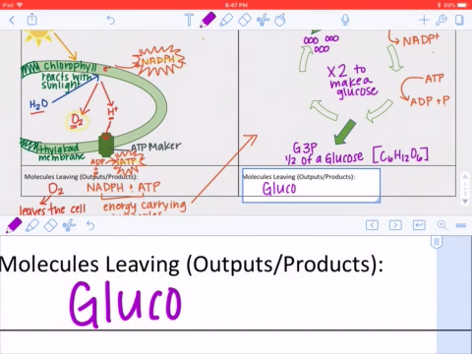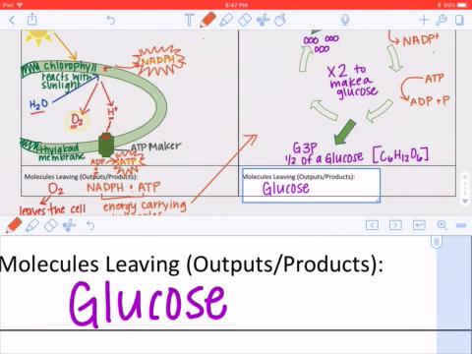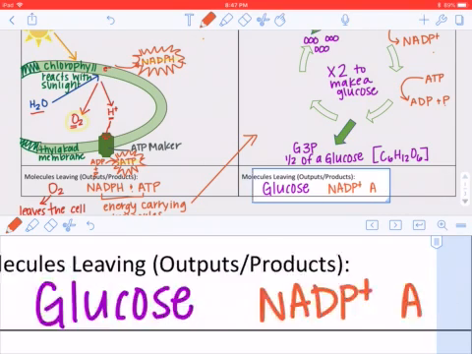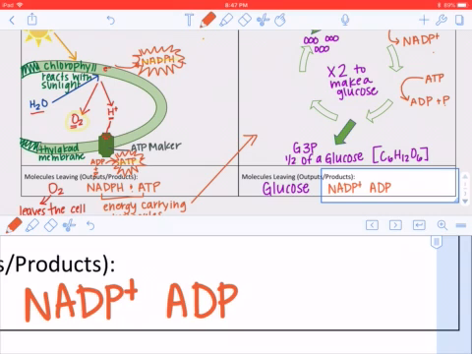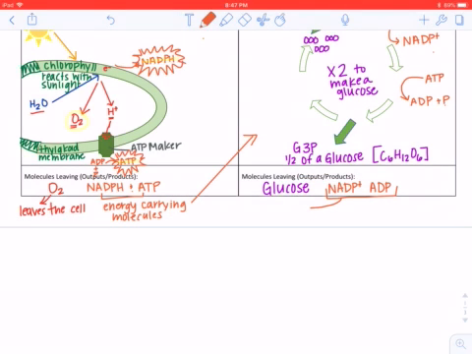That's kind of the key portion of this. And then we'll also see that we end up with some of those energy carrying molecules, the NADP+, we get the ADP, the phosphates. These, I don't really think of them as outputs because they're just going to cycle back and head over to this portion and get used up again.